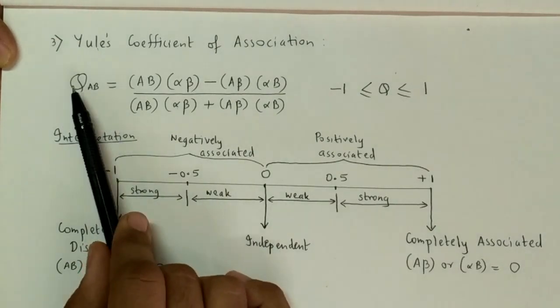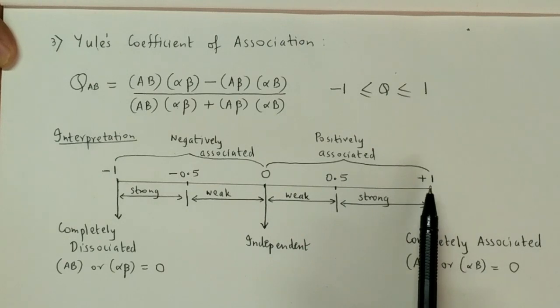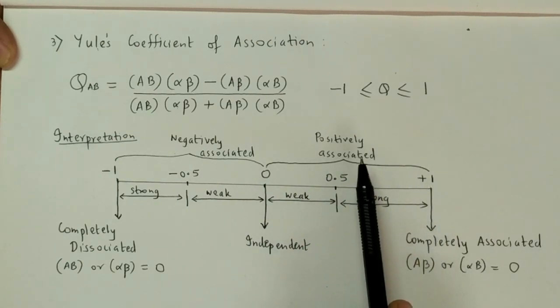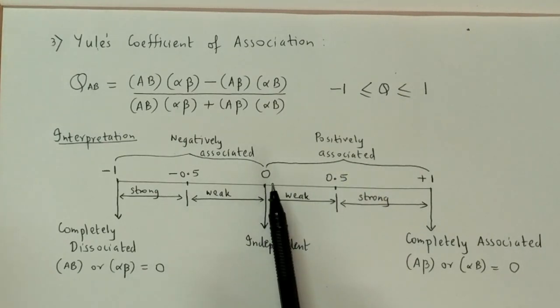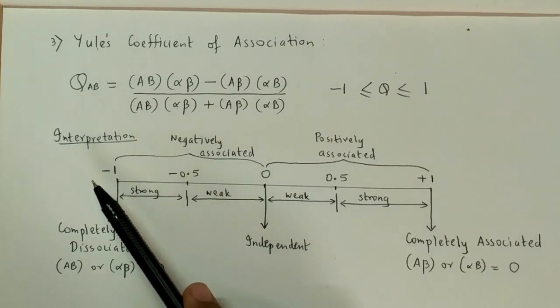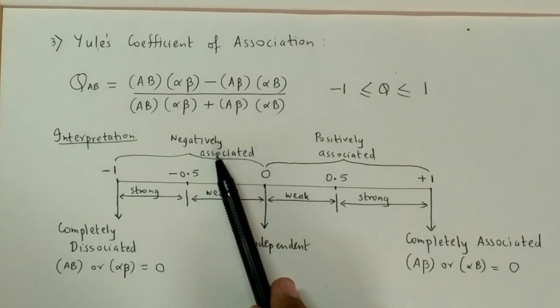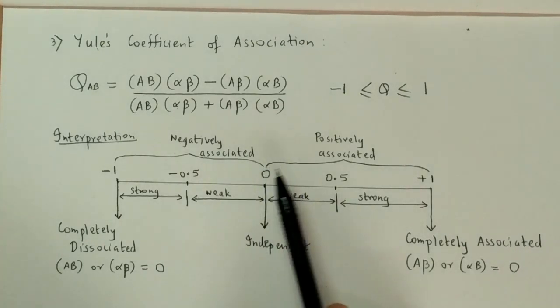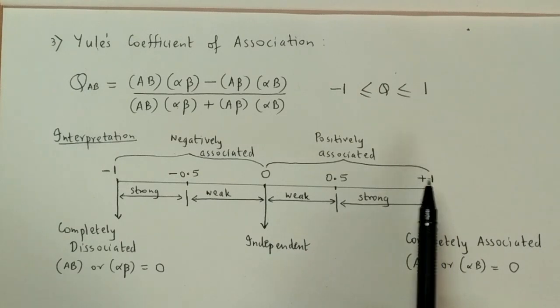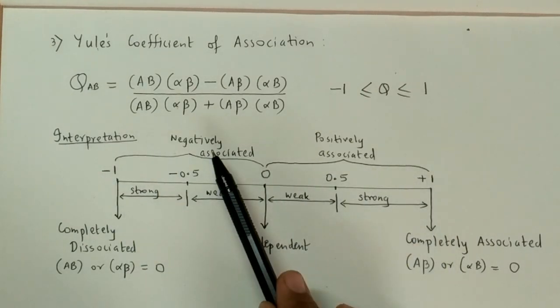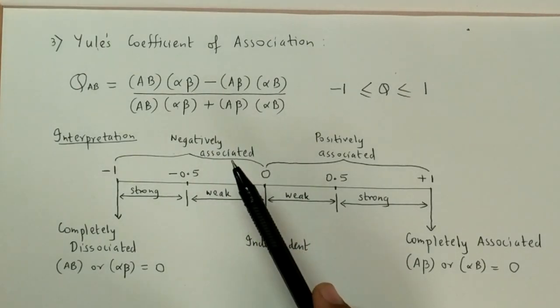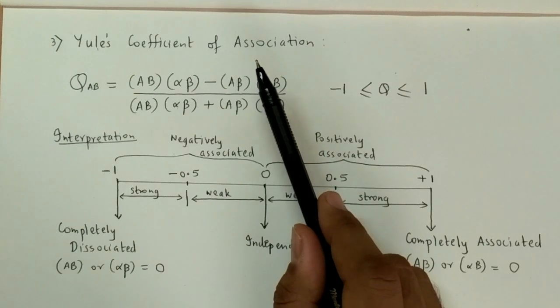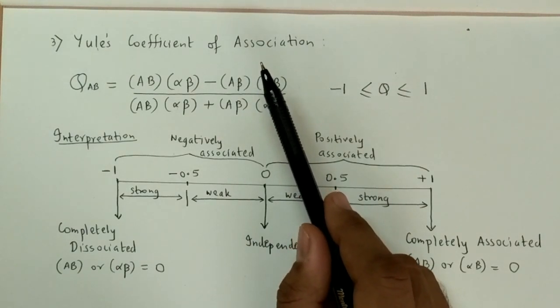If the value of q lies between 0 and 1, then we say the attributes are positively associated. Next, if the value of q lies between 0 and -1, then we say the attributes are negatively associated. So independent if 0, between 0 and 1 positive association, between 0 and -1 negative association. अब इसमें एक एडवांटेज ये है कि यूल कोएफिशिएंट से आप स्ट्रेंथ एंड डिग्री भी फाइंड आउट कर सकते हैं एसोसिएशन का.